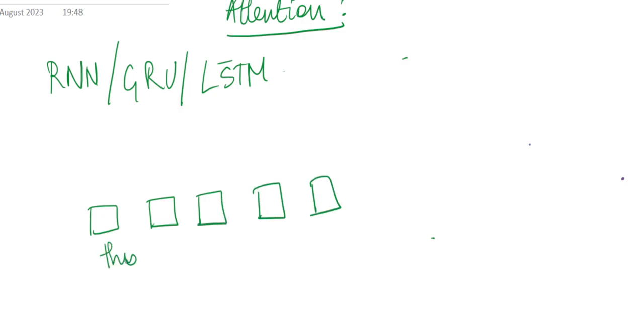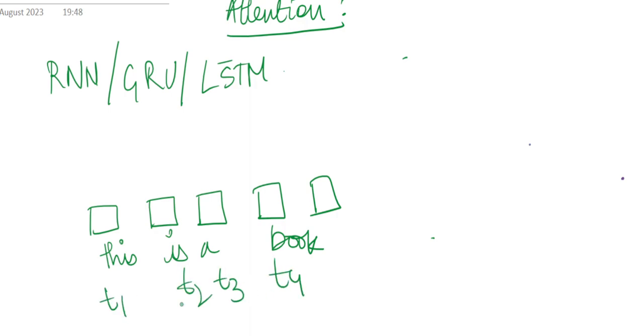This is a book. So they take each and every word at a time step T1, T2, T3, and T4. So at different time steps, these models are trained and their output is passed to next layer like this.